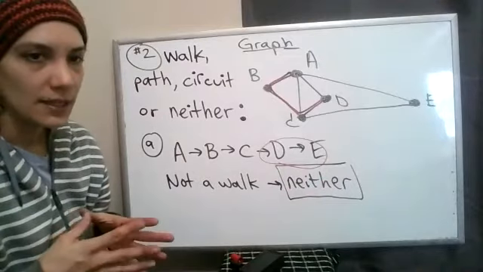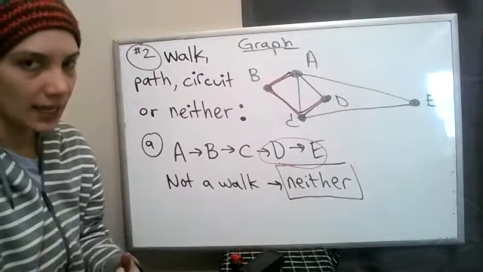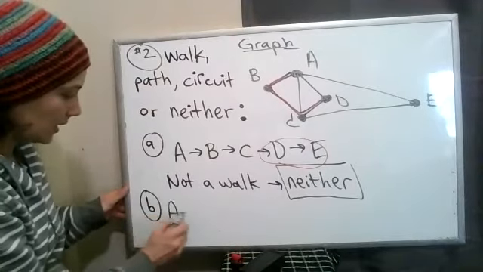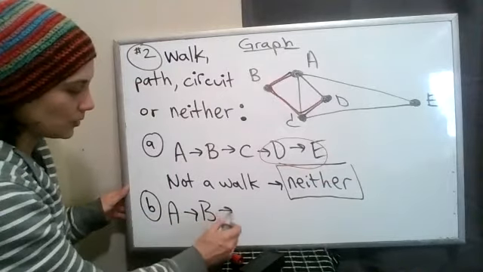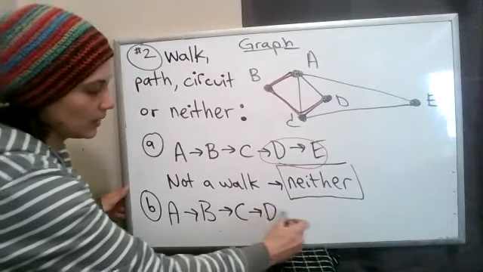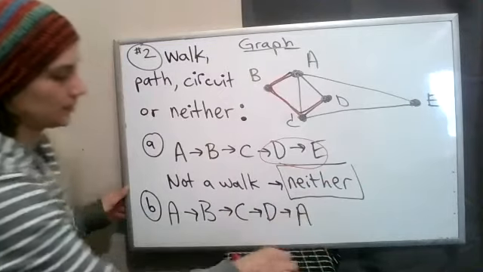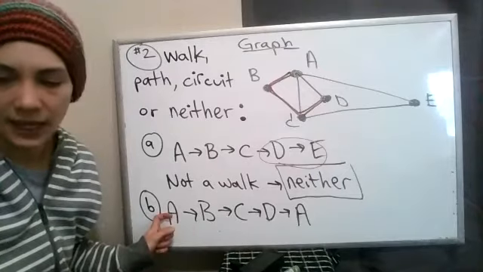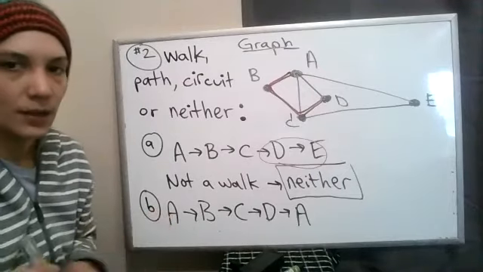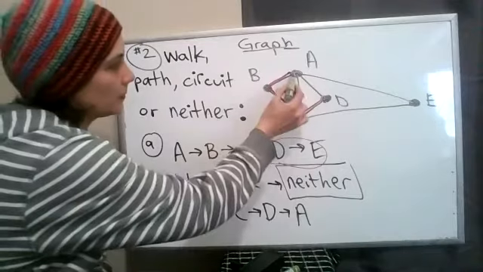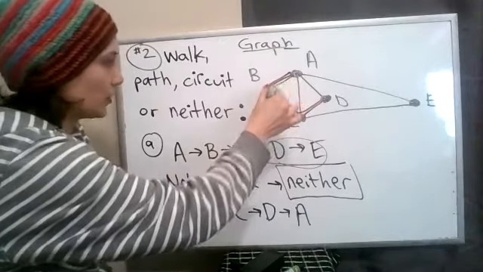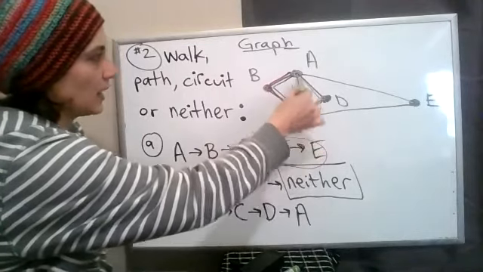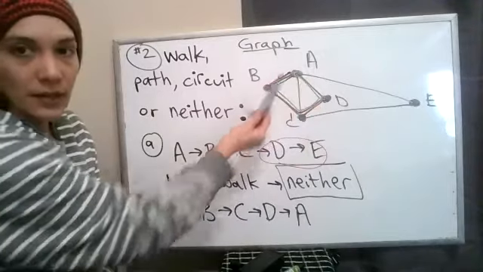All right, the next one is A, B, C, D, A. A goes to B, which goes to C, and that goes to D, that goes to A. Let's find vertex A, and then go to B, over to C, then D, back to A. So it was a walk.